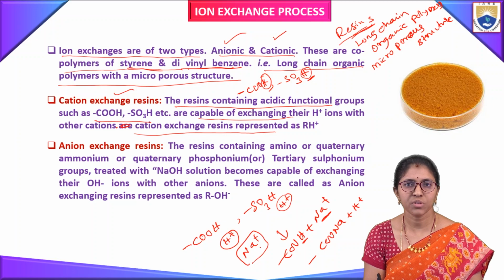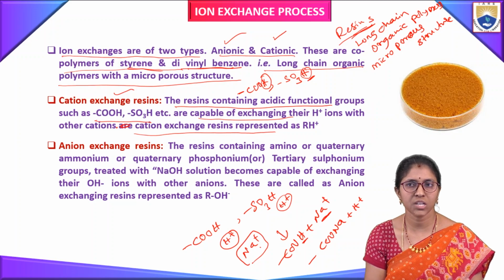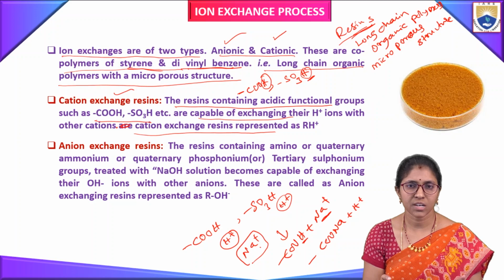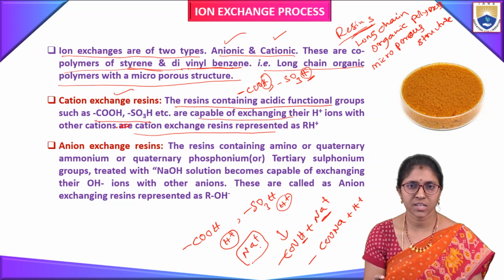So this is about cation exchange resin. These are long chain organic polymers with a microporous structure, having COOH and SO3H groups. They have H+ ions which are capable of exchanging with other cations.